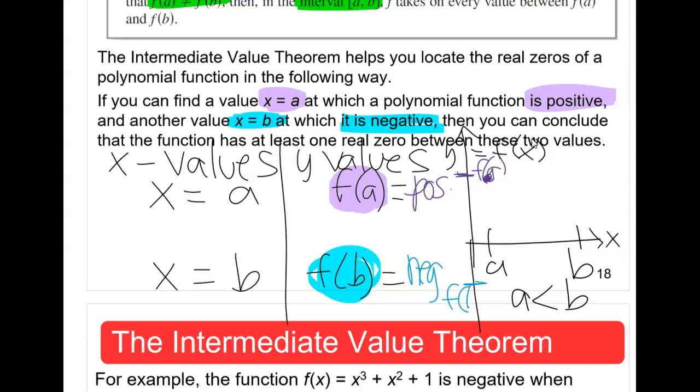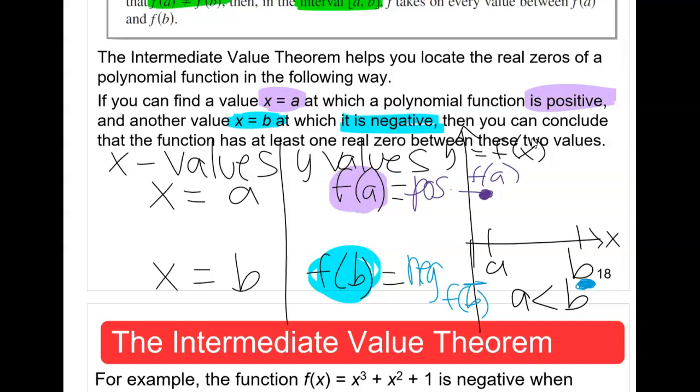That's f of b, and so that would be a point here. For x equals b, the y is negative. That's f of a, and we have it there, positive because it's above the x-axis. The other one is negative because it's below the x-axis.